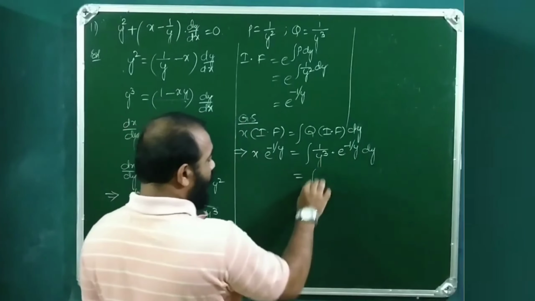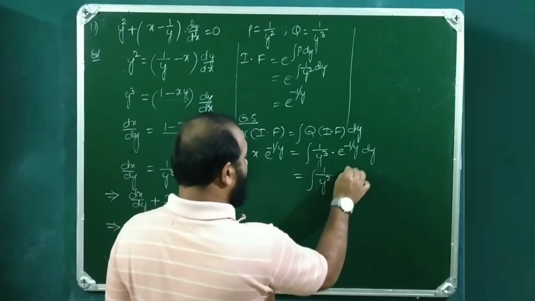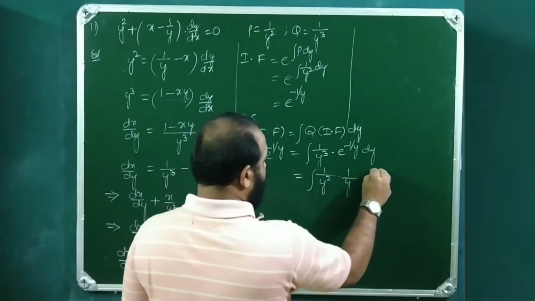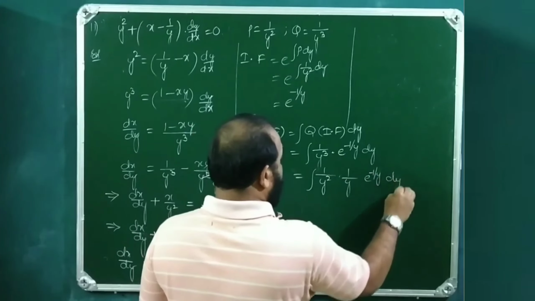This can be written as 1 by y square into 1 by y into e power minus 1 by y dy.